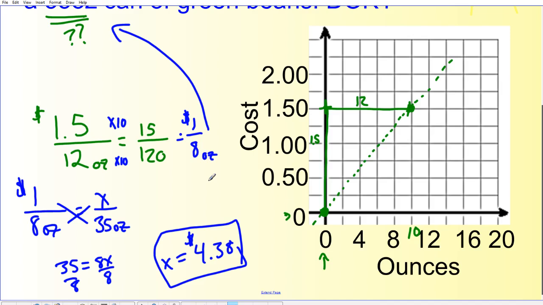Now, how else could we have solved this? Because that seemed like a long process just to get there. Well, look at this. You could have said, I know 10 ounces of green beans cost $1.50. See? And you could probably take a guess and say, how much 15 ounces of green beans cost. 12, 14, 15 would be right here. 15 ounces of green beans, if you have your slope drawn properly, would cost somewhere in here.